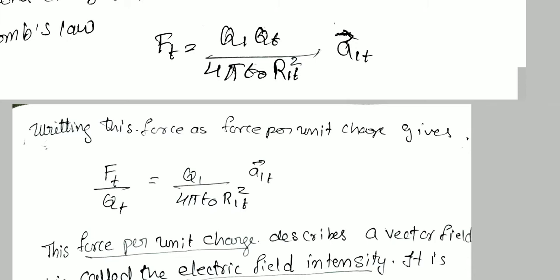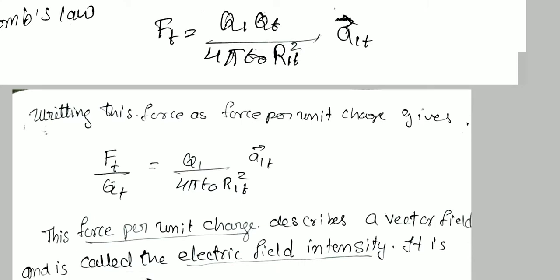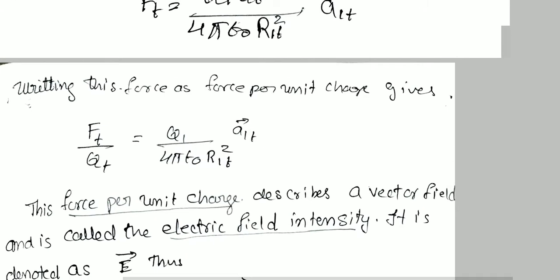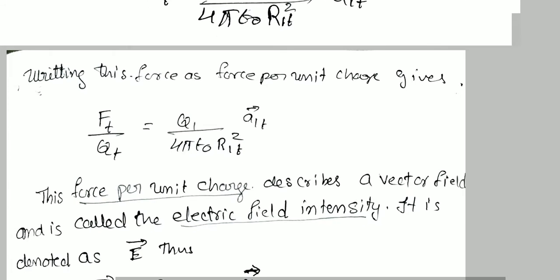Rewriting this, it is given by Ft divided by Qt is equal to Q1 divided by 4 pi epsilon naught R square into AR. Here this Ft by Q we call the electric field intensity. This force per unit charge is a vector and is called the electric field intensity.